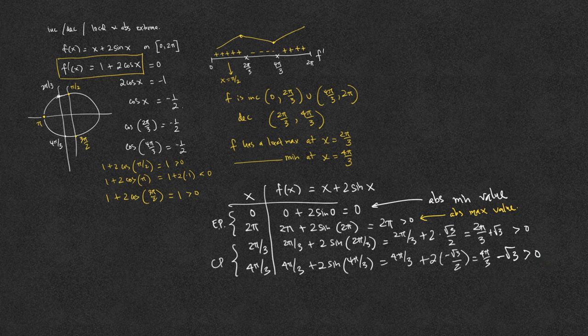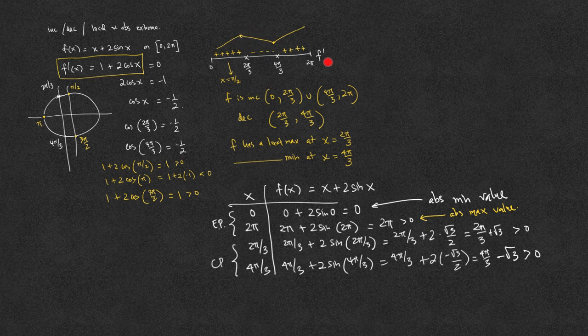And so we conclude that the absolute minimum value is 0, and it occurs at x equals 0. The absolute maximum value is 2 pi, and it occurs at x equals 2 pi. What about 4 pi over 3 and 2 pi over 3?